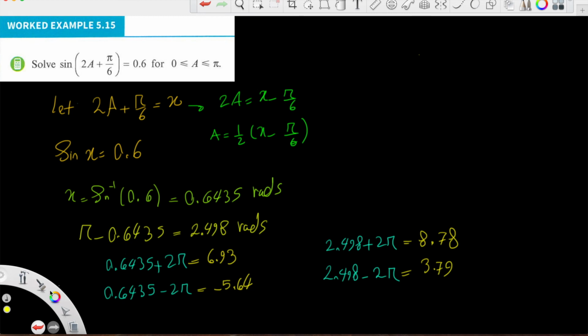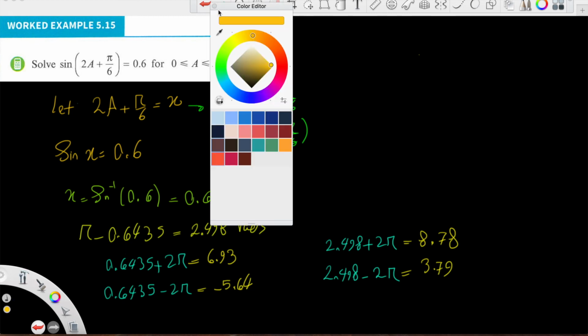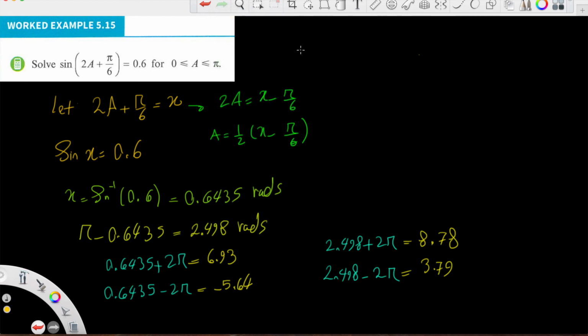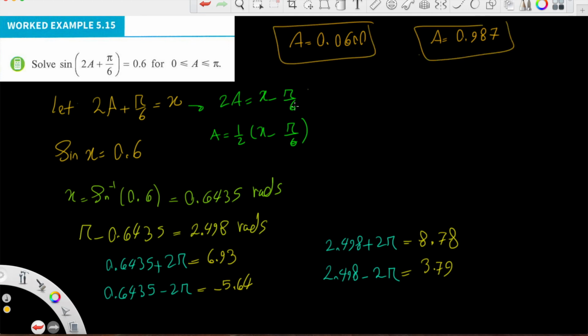Now, if we use this substitution to recalculate, I just list the final answers. There are two answers for a. A is equal to the acceptable ones, 0.0600, and a is equal to 0.987 as the final answers for these equations.